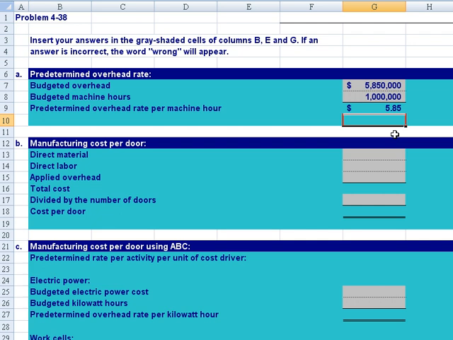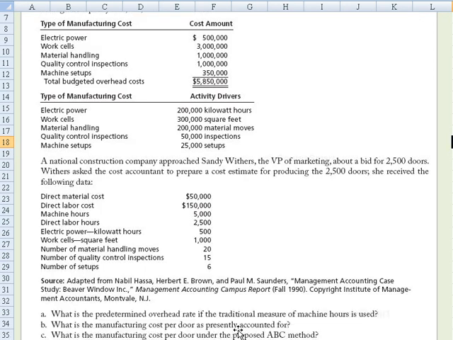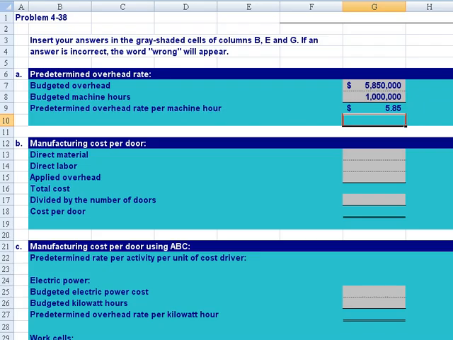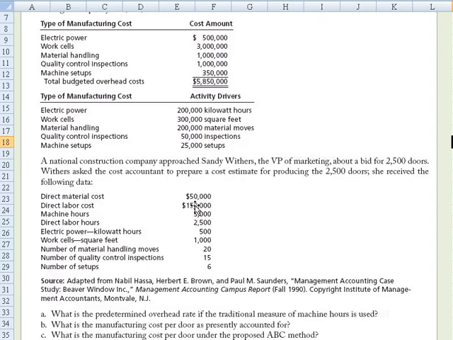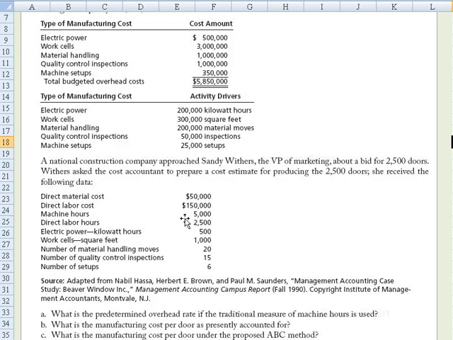Part B wanted us to determine the manufacturing cost per door. And I believe part B was asking us as presently accounted for, so the current method. So we would drop in the direct materials, which were 50,000, and direct labor was 150,000. Okay, the applied overhead would be equal to the 5.85 times the correct number of units, and the machine hours is 5,000, so that's our activity base.